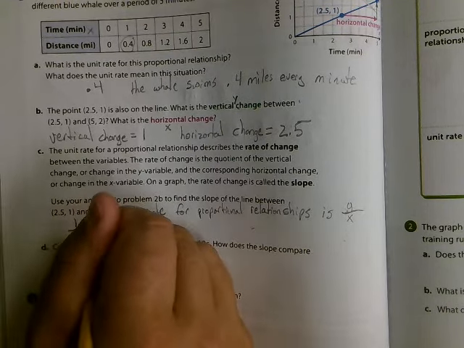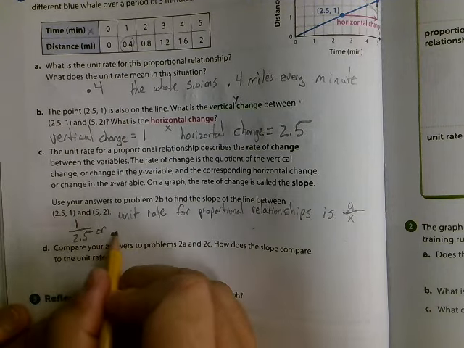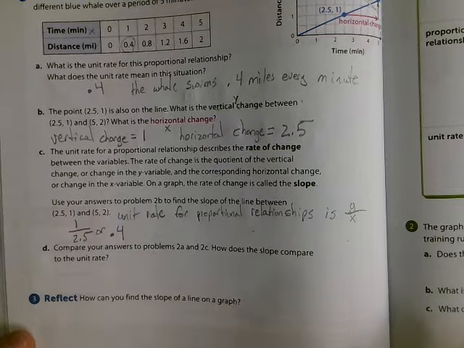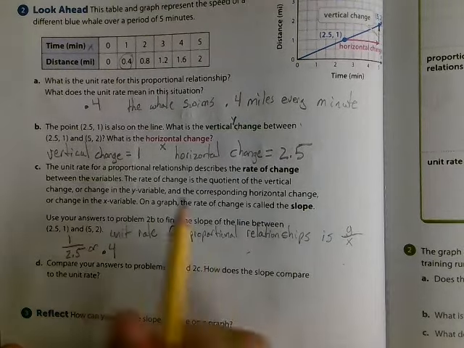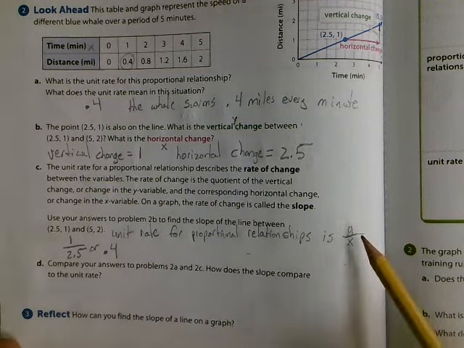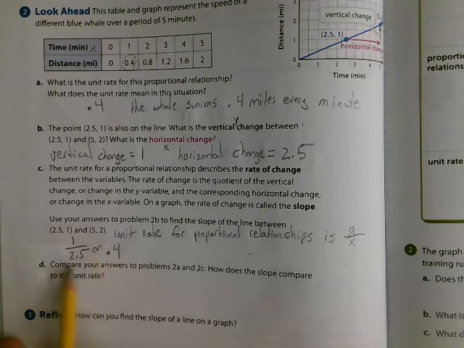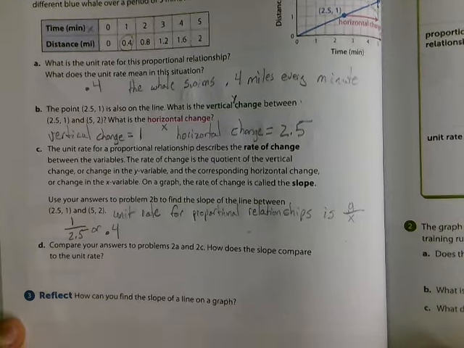Or if we wanted to, we could use our calculators and we could write this as a decimal. We could do 1 divided by 2.5, and we would get that our unit rate is 0.4. Okay, so either of those would work. You can see up here that it matches what we had in our table, but just know that when we do y divided by x in proportional relationships, we should get our unit rate there.